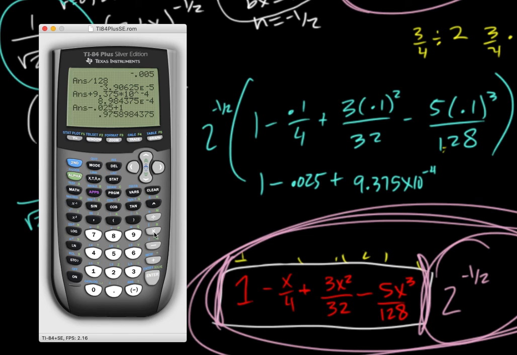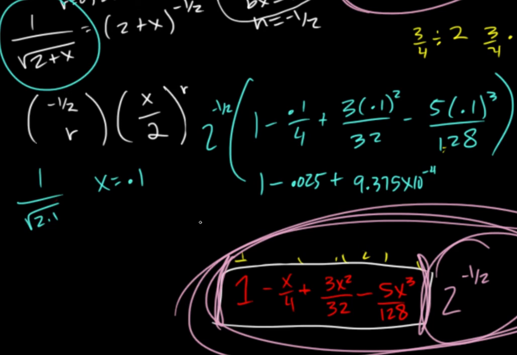Now I just need to multiply that by 2 to the negative 0.5. Alright, and we got 0.69006, etc. So that's the estimation for that.